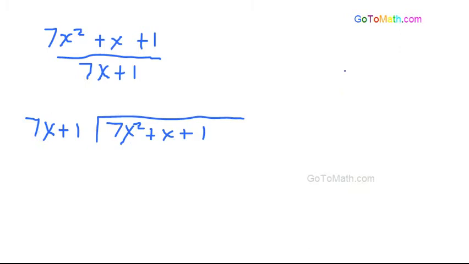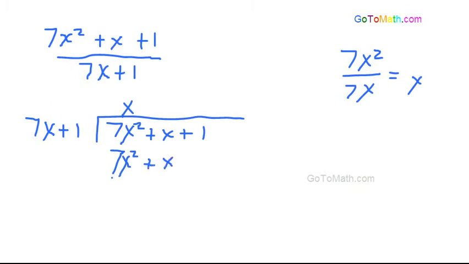Okay, so remember, we're taking this 7x squared, and down below it we're putting 7x. And we simplify this and we just get x left. There you go. Then we multiply x times 7x. We get 7x squared, and then x times 1 is just x. We go minus, so that's going to make that a minus there, so we have x minus x is 0, and it looks like we're just left with a 1 here.